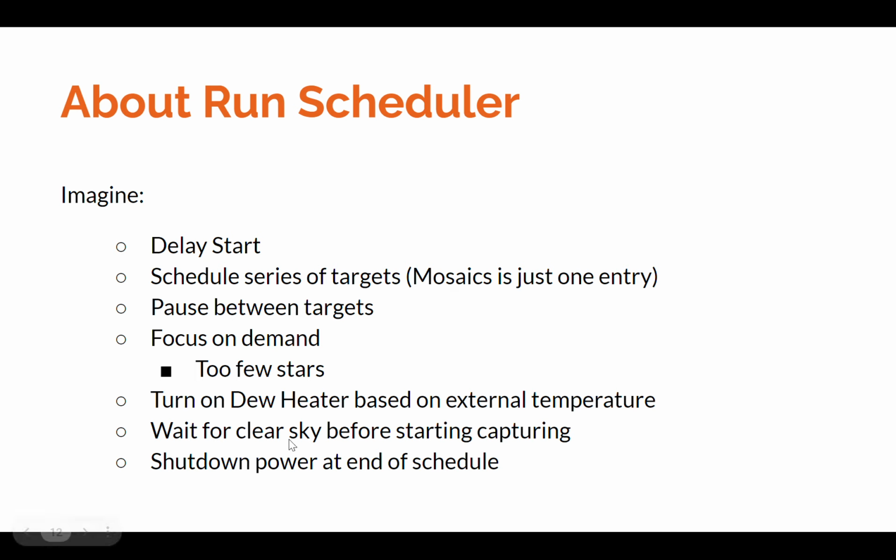Again, I can wait for clear sky, see how many stars there are, and I can power down at any time I want. I can park my scope anytime I want. All those commands are one-line commands sent to the Seestar. So that's just the beginning. Think about anything you can imagine clicking on in the app itself, it can be inside the schedule. So you can sequence anything you want.